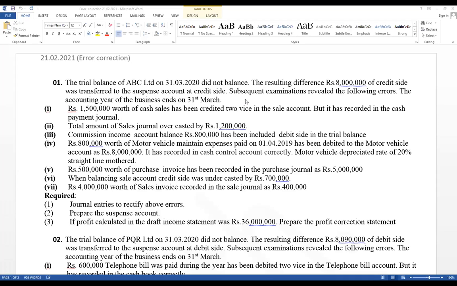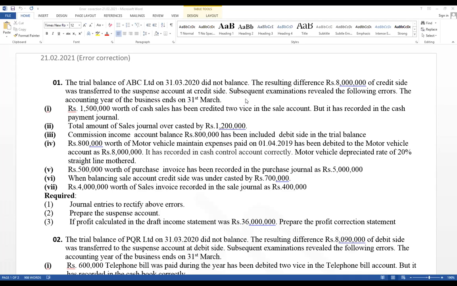All organizations should apply this process. First, information should be collected by using source documents. Second, information should be recorded in the prime entry books. Third, information included in the prime entry books should be recorded in the ledger by using the double entry system, in the general ledger, as well as debtors and creditors ledgers.